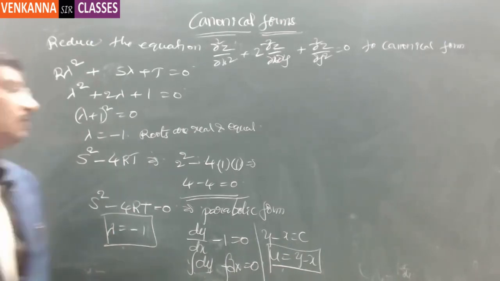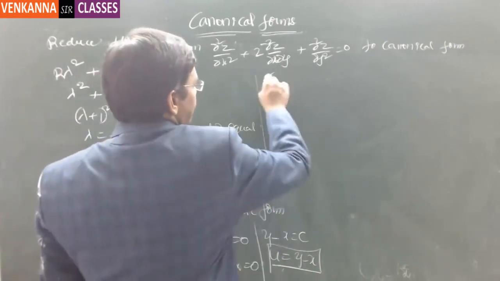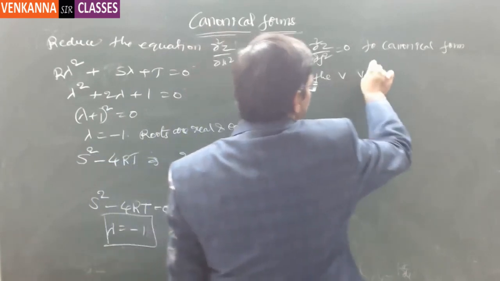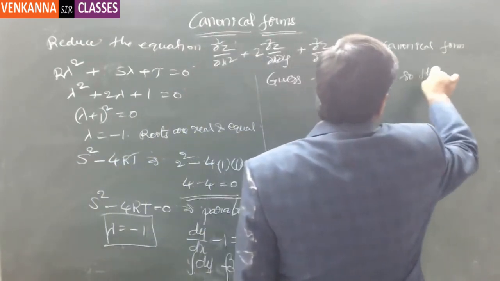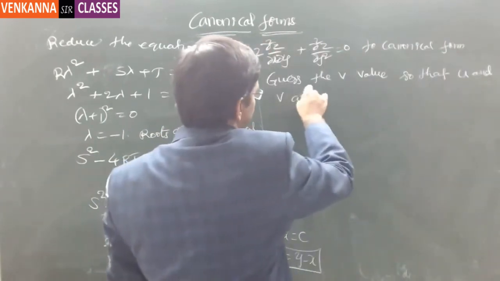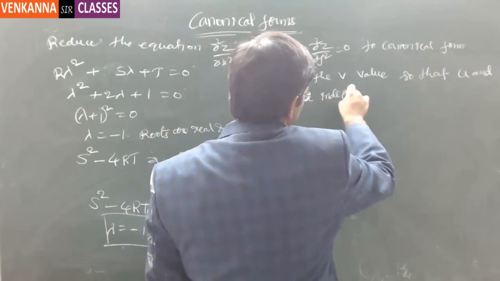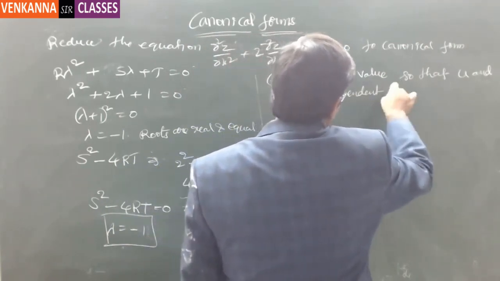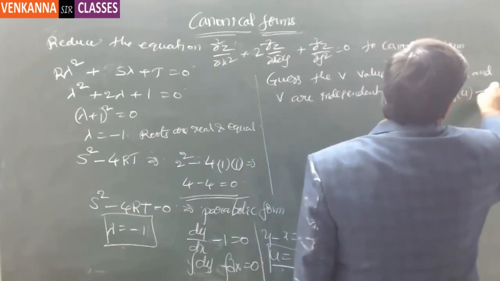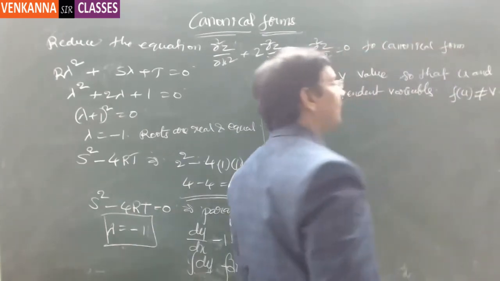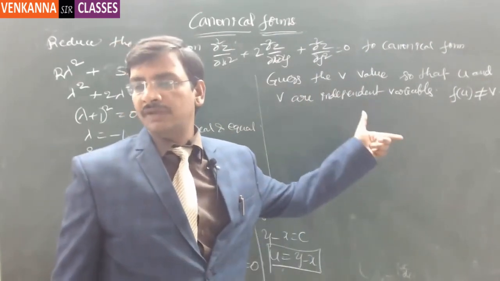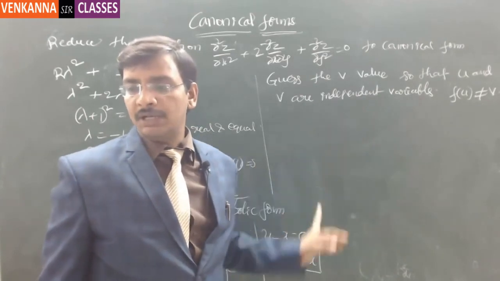So here actually you need to guess the v value so that u and v are independent variables. We mean that f of u cannot be expressed as v, or f of v cannot be expressed as u. So you have to identify a v value that is completely independent of u.